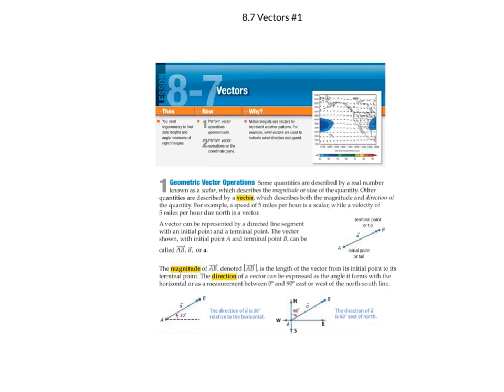Magnitude is the size that something is. But usually in math, when we talk about size, we might say, oh, that table is 1 meter long. And that's usually what we mean in math when we talk about size. In this case, it's going to be a little bit different because size can also be a scalar, and an example of a scalar is 5 miles per hour.